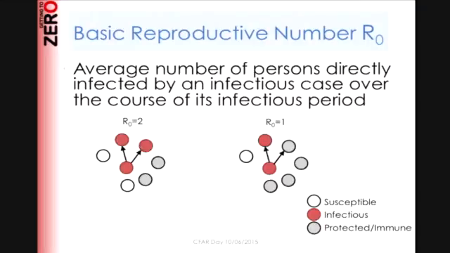So here on the left, the disease will spread because after one generation you will have 2 additional cases, and after the next generation you will have 4 additional cases, and so on. So to control any infectious disease, what is crucial is to bring this number of secondary cases below 1, as suggested by the example on the right here.